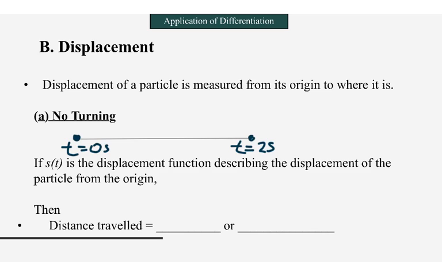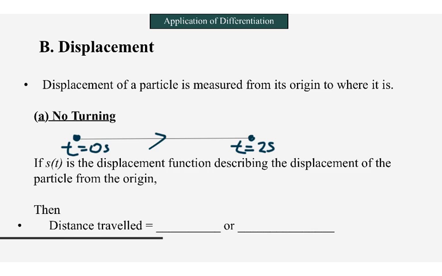We start from the origin where t equals 0 seconds, and then it is moving to the right, and at the instant it will be t equals 2 seconds. So from t equals 0 seconds to t equals 2 seconds, there is no turning.